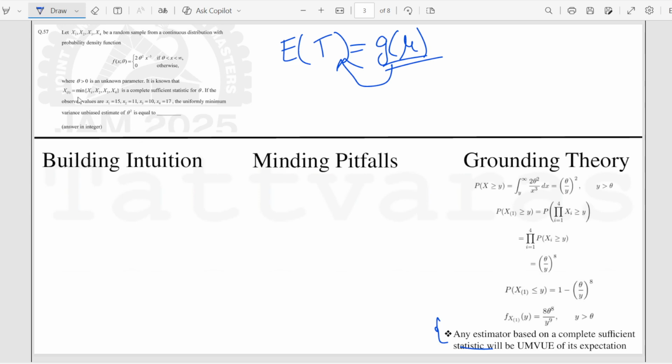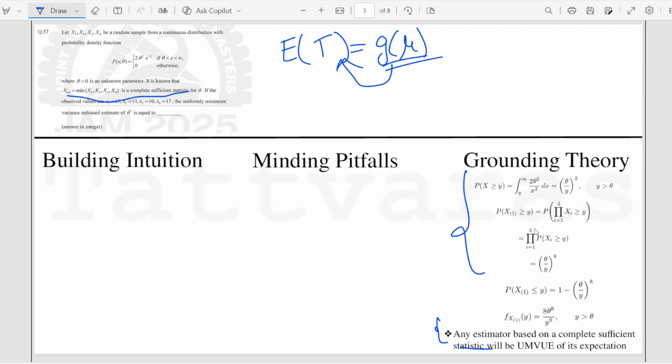And because they've already told you the complete sufficient statistic, you know that you just have to get a function of X order 1, the smallest order statistic, that in expectation is theta square.